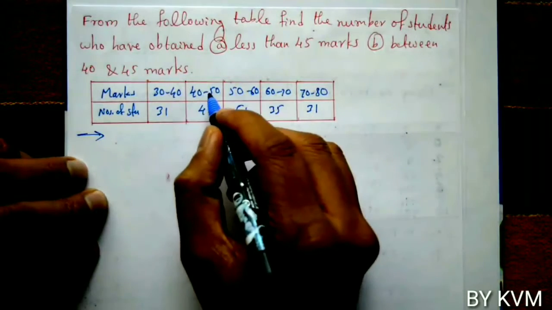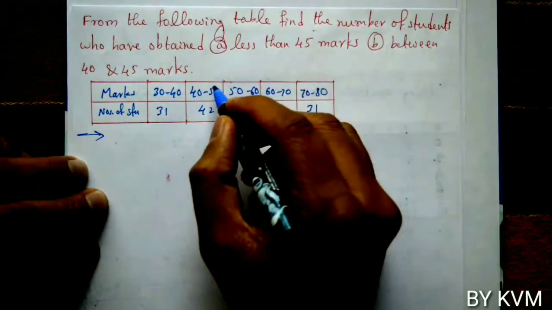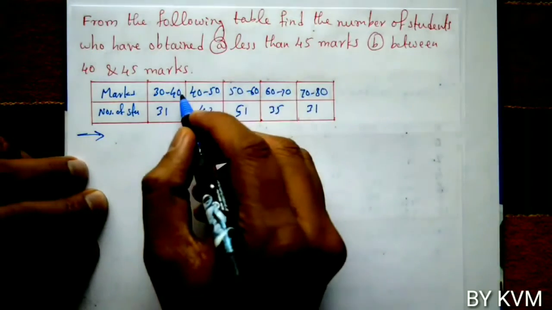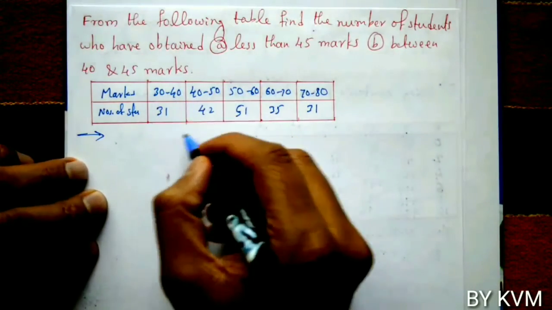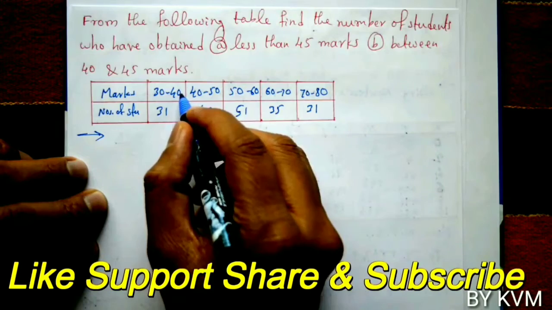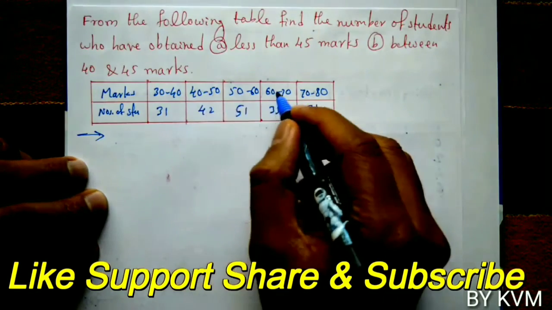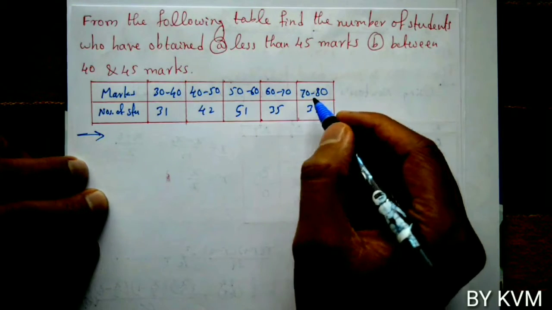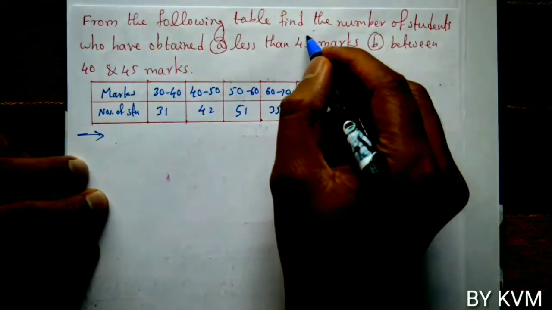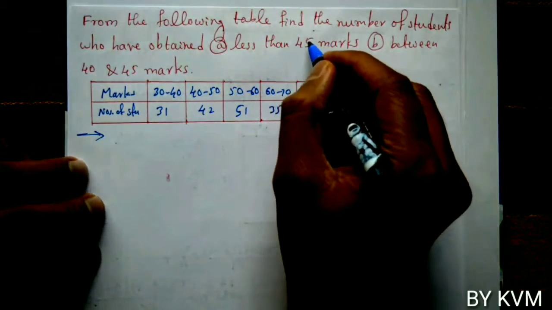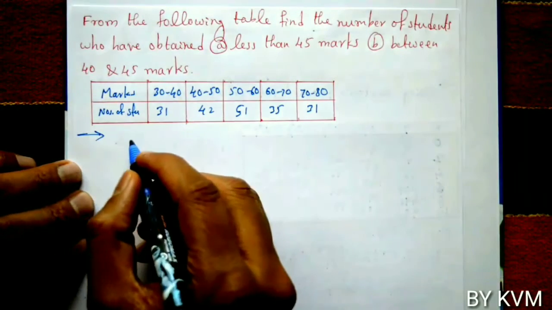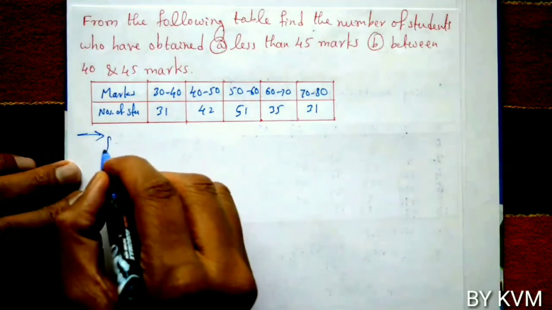Now here take x as the marks scored by the students and y as the number of students, but here marks are given in terms of intervals, 30 to 40. So if we take the marks in terms of intervals, our purpose won't be served. So instead of taking 30 to 40, take the number of students who scored less than 40.